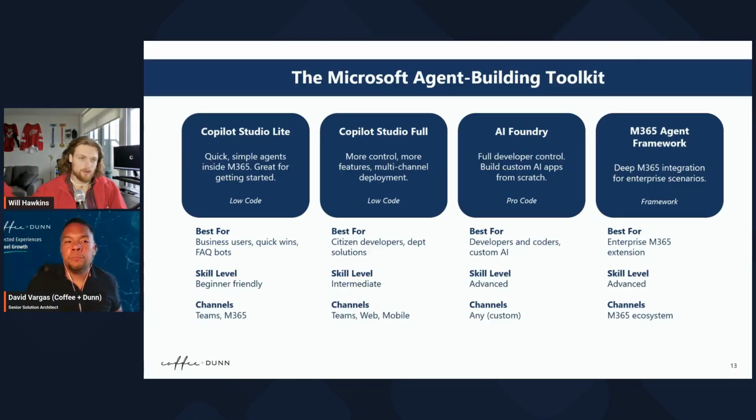And then further down the line, kind of the last resort, if that's not enough customization or capability for you, you have the M365 Agent Framework, which is an open source SDK designed for developers that want to create much more advanced capability within their AI solution.